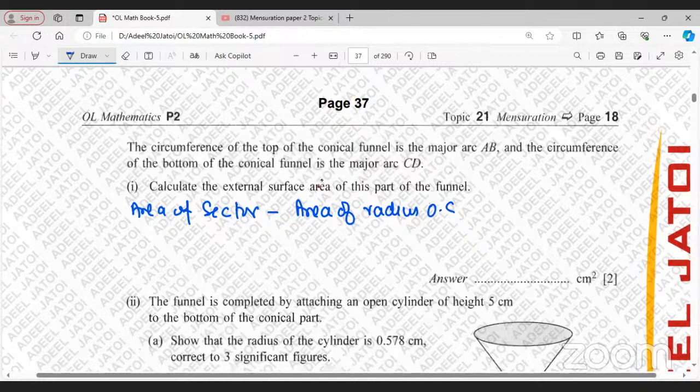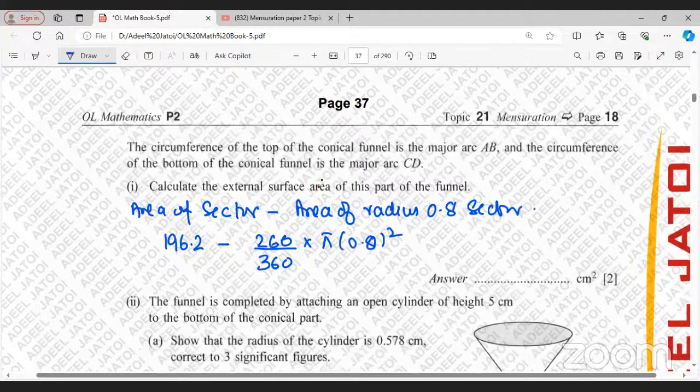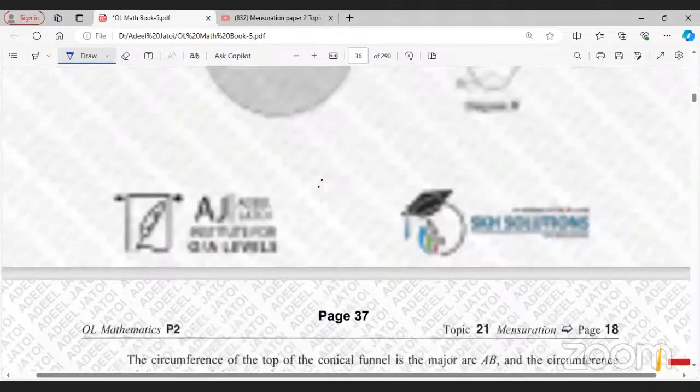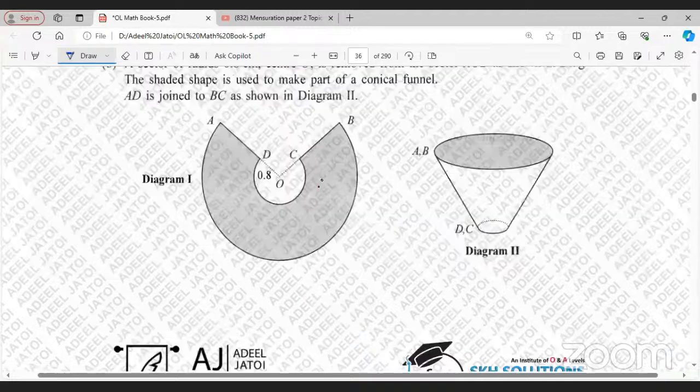This was 196.2, which we calculated. The other one is 260 upon 360 into pi into 0.8 squared. So the end result is 194.75, which will be 195 centimeters squared. Now you don't need to calculate anything else other than this, so that the smaller sector can be removed and we have the entire surface area.